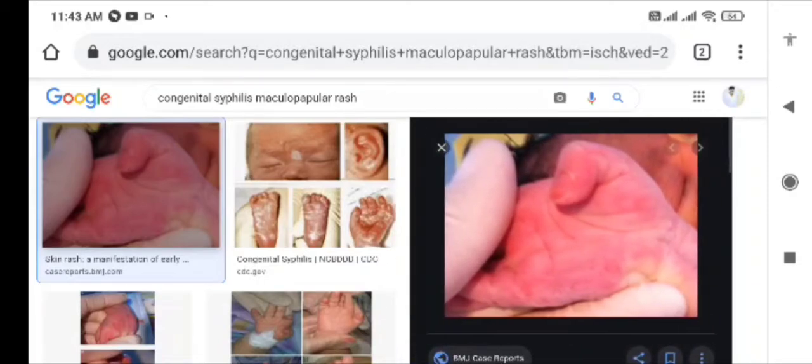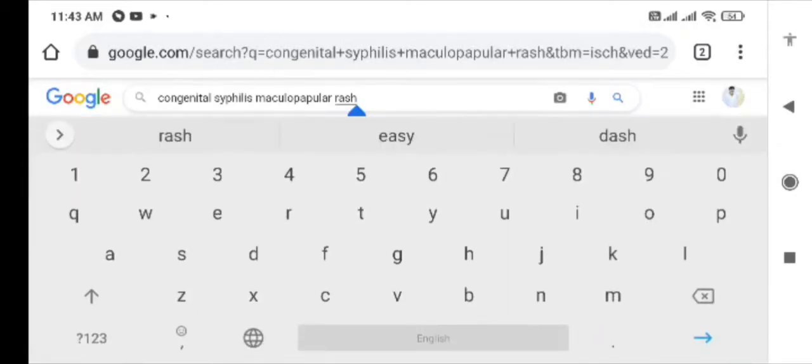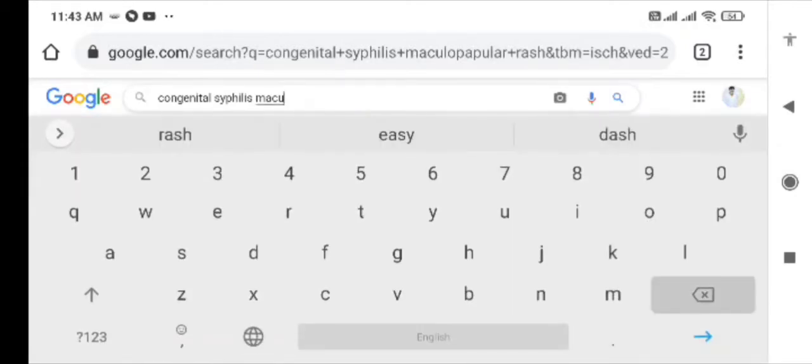I am showing this baby's hand in the black border, okay? Yes. This baby's hand is having the maculopapular rash.